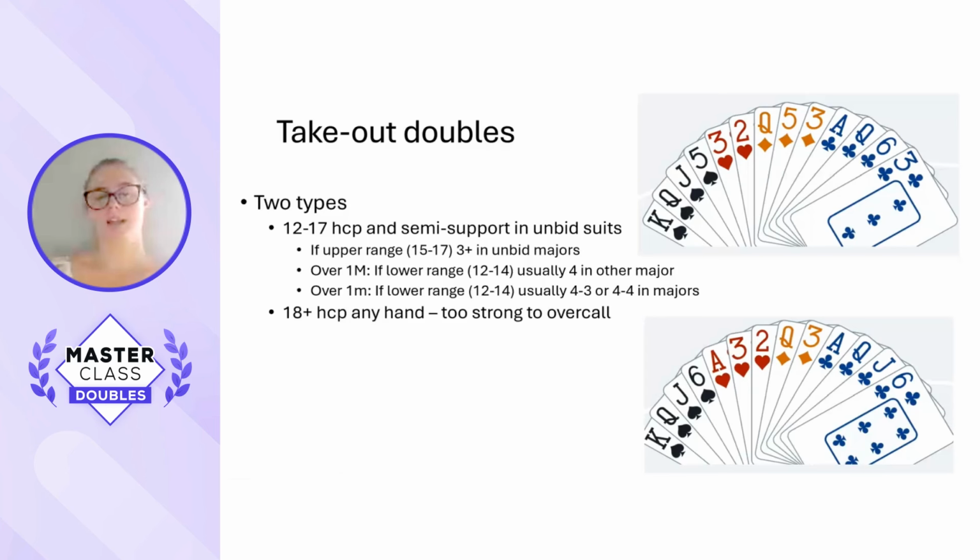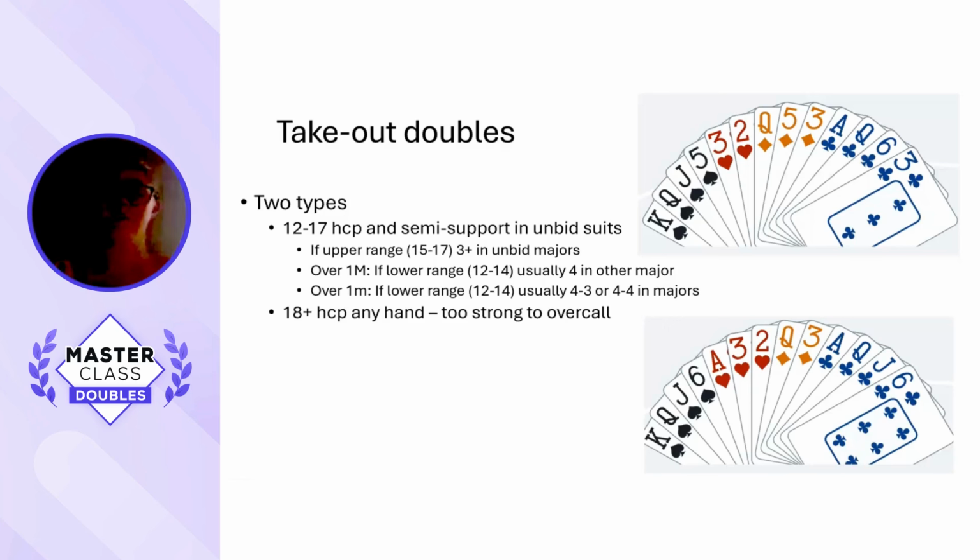The other type of hand is a hand where we are too strong to make an overcall. Typically we have 18+ high card points, and we can have whichever type of hand we want. If we overcall, we have up to 17. So if we are stronger, we have to start with doubling and then coming back with our suit.